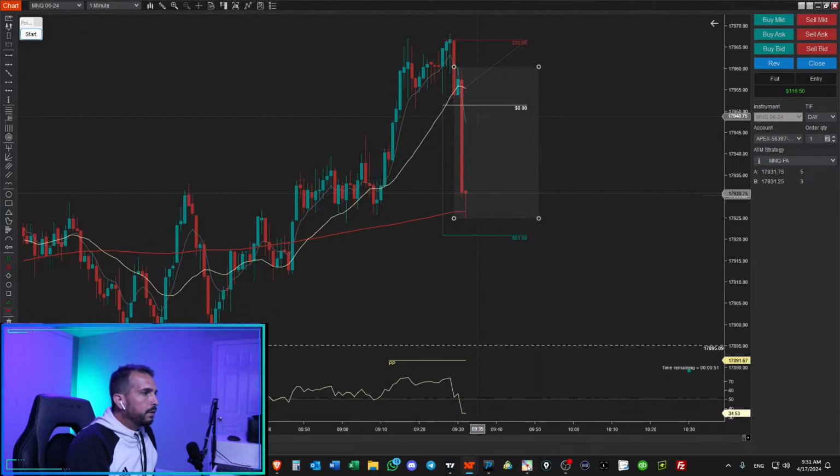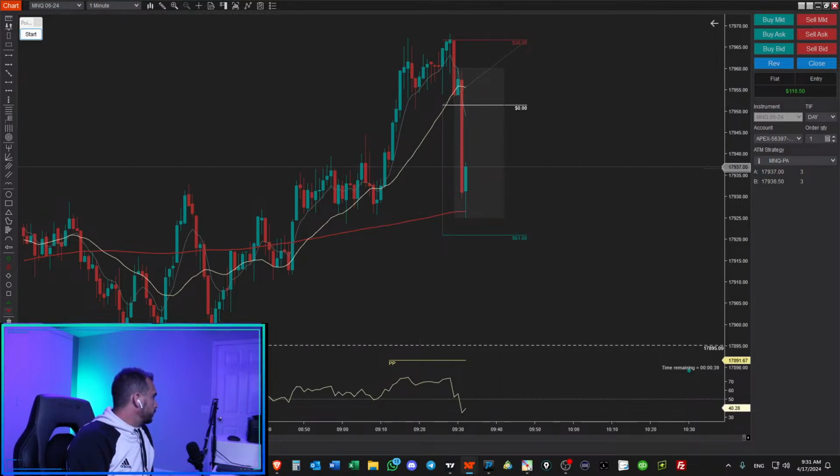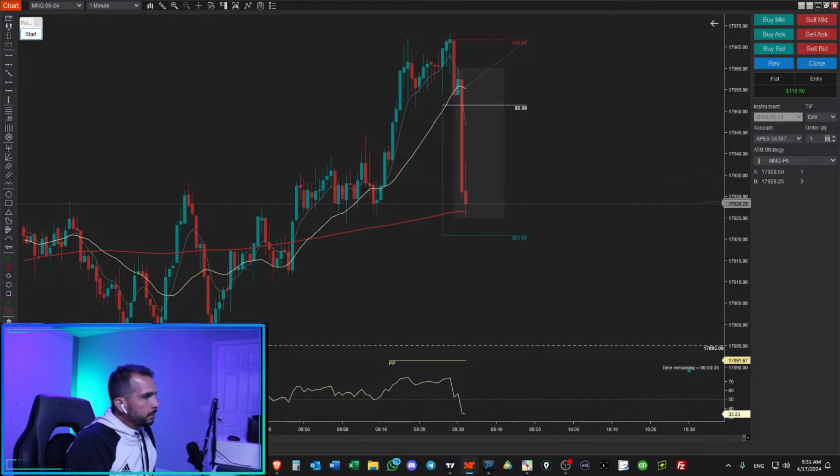All right, so we got 1, 2, 3, 4. Let's say one more candle, and then we'll wait for the breakout of that to see. Two more candles. The green one is the one that's the open. This one.